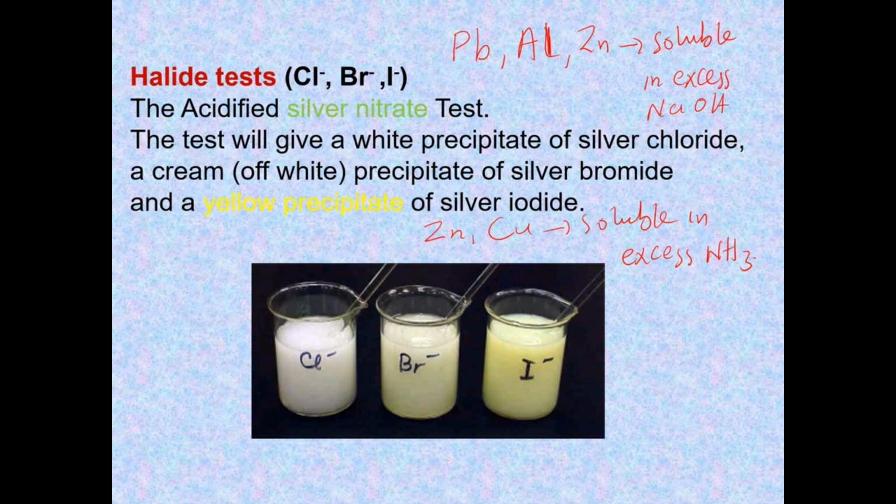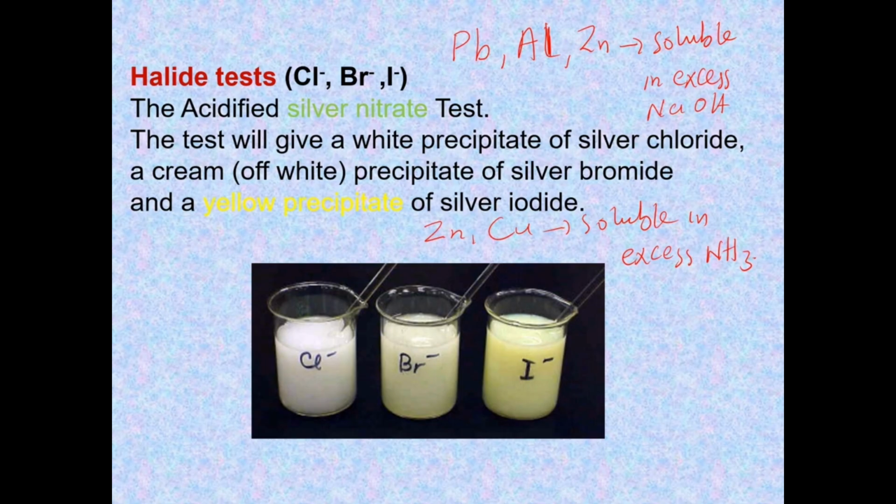Now there's something called the halide test, which includes chlorine, bromine, and iodine. So basically we're now entering the anion test. If you want to know if a solution contains a chloride, bromide, or iodide ion, you use some reagents to test for it.